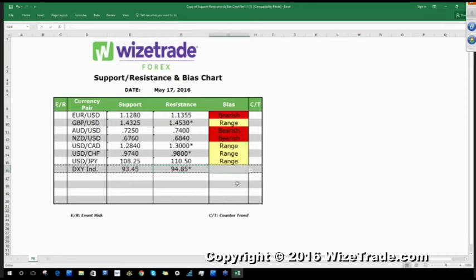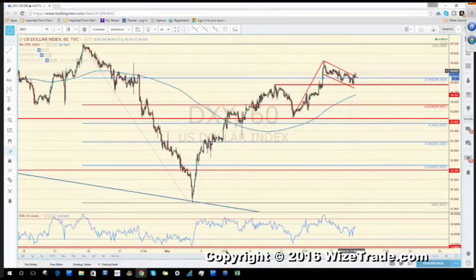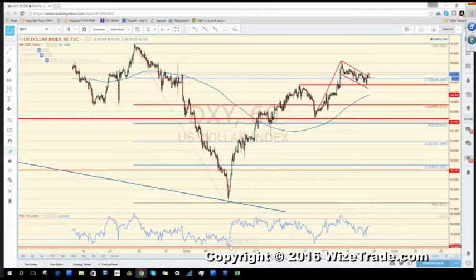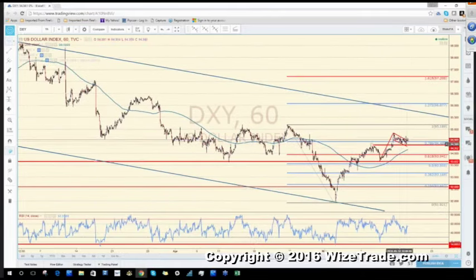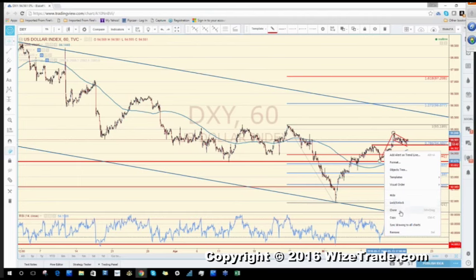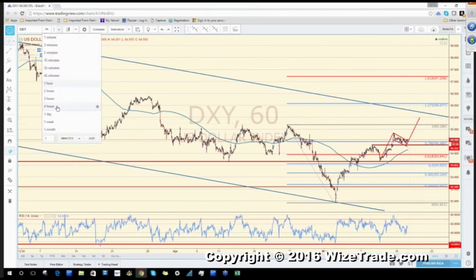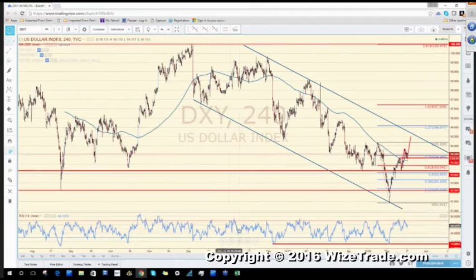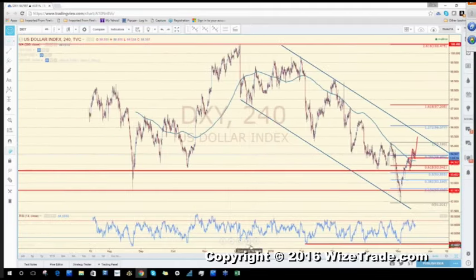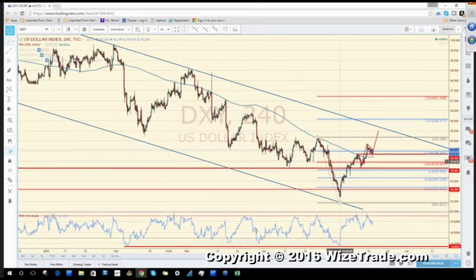We break above that, we are going to basically turn bullish in the dollar, in my opinion, because if we break above that, we're going to make a run for this resistance up here, which will be channel resistance.